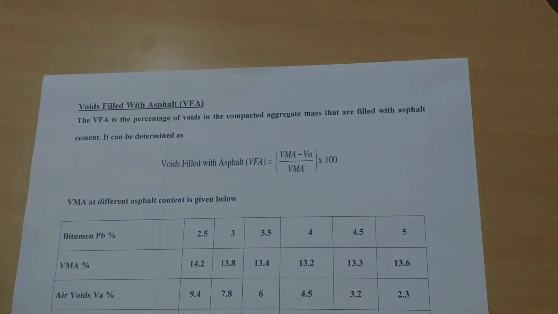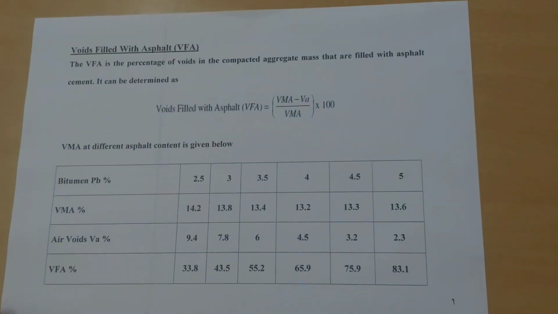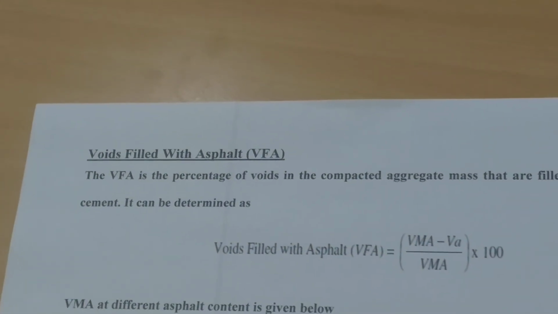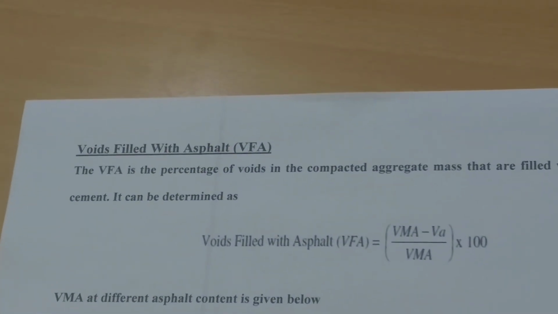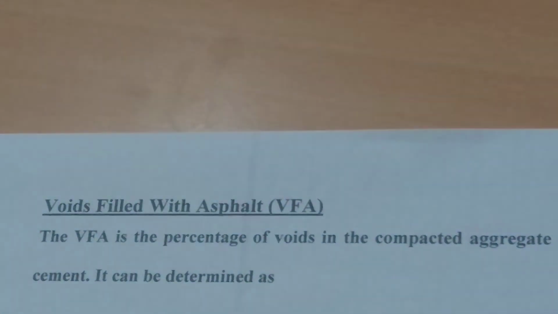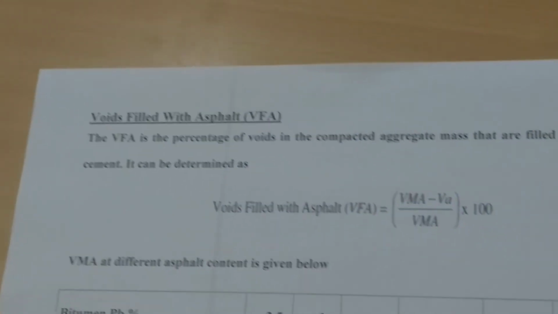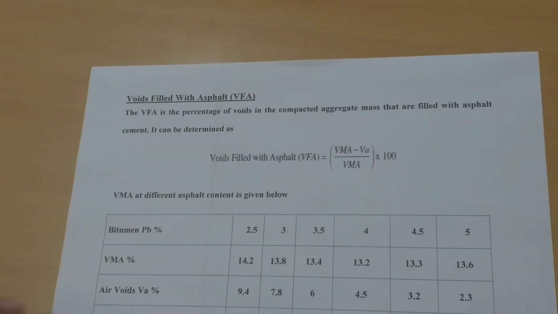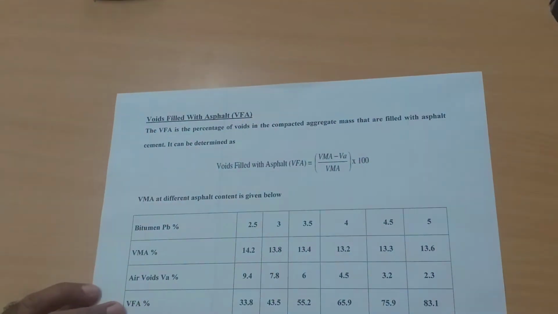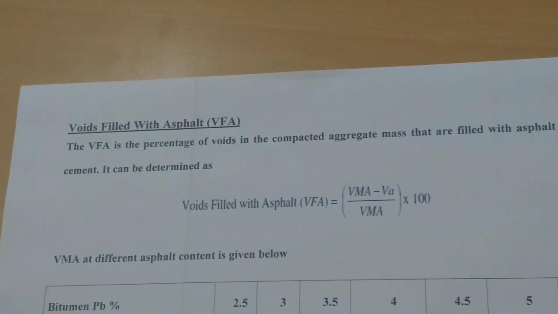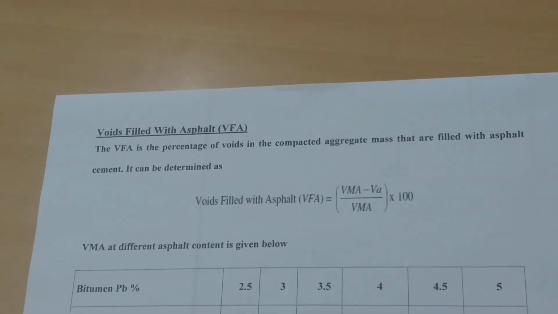After finishing these properties, the last property is voids filled with asphalt. It means the intergranular void spaces where the asphalt is coming and filling that gap is known as the voids filled with asphalt, and its equation depends upon two values, the voids in mineral aggregate and air voids.